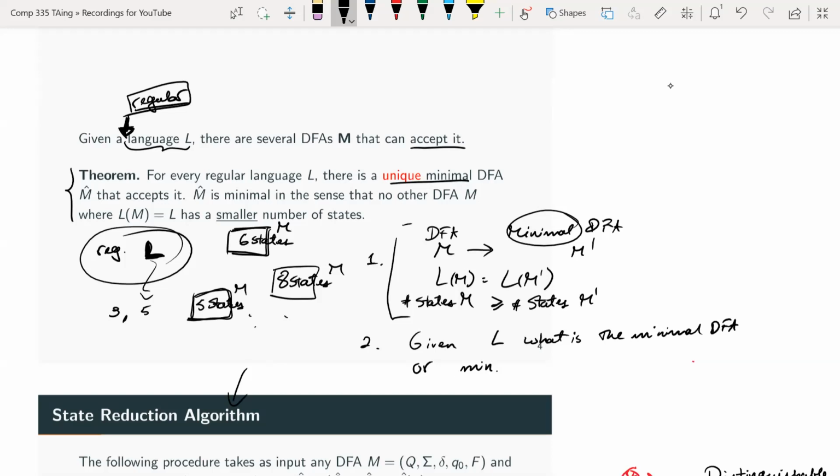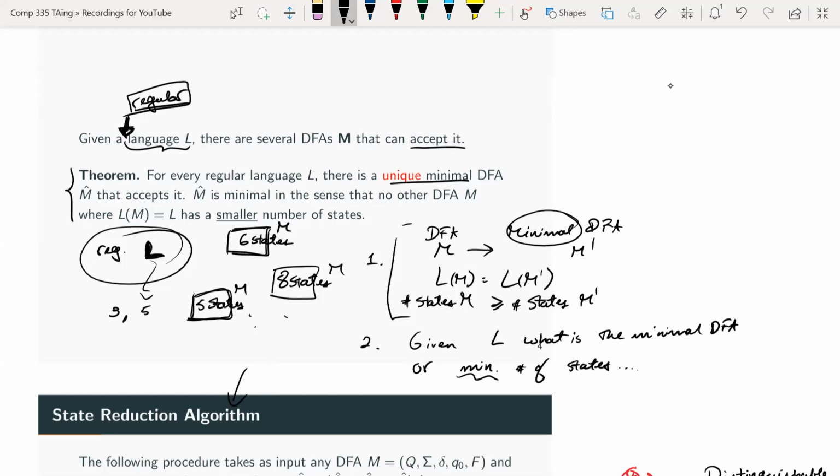This is a question that might easily occur in a test because it's easy to use as an MCQ. So it would be something like, what is the minimum number of states?